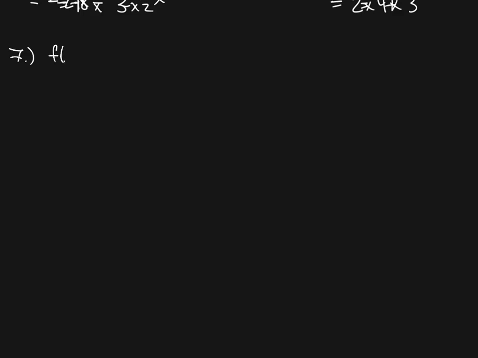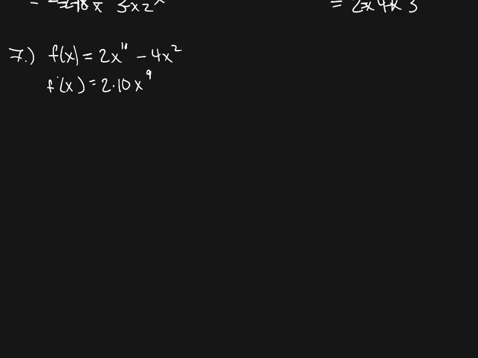So problem 7. We have f of x equals 2x to the 10 minus 4x squared. Now this one's pretty easy. So we have f prime of x is equal to 2 times 10x to the 9.